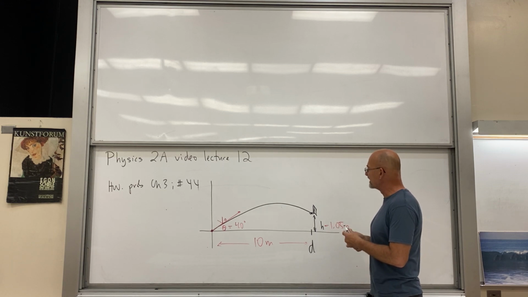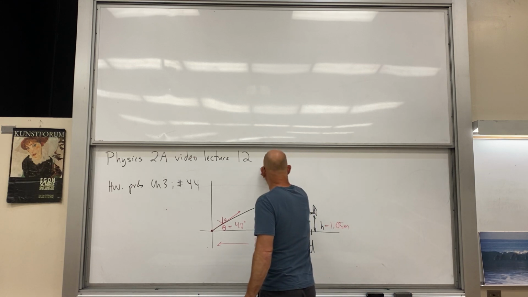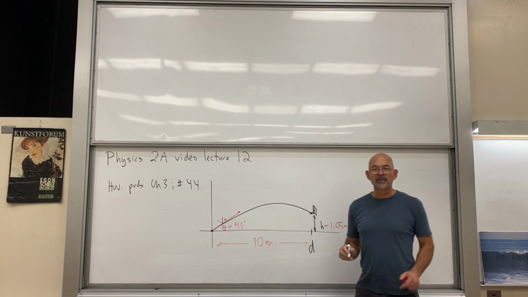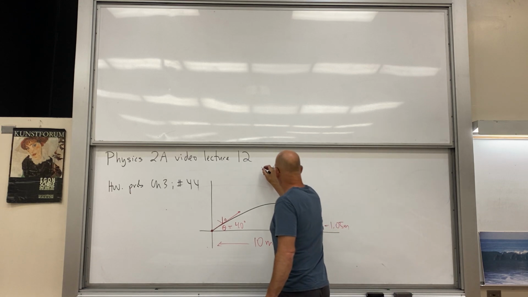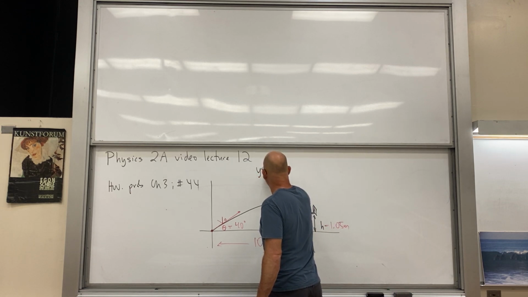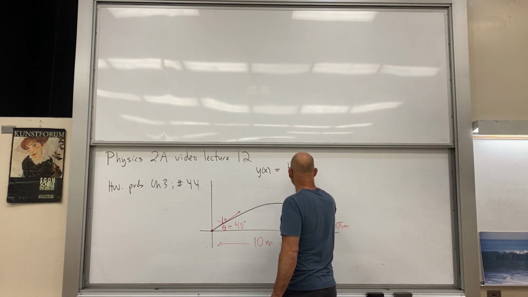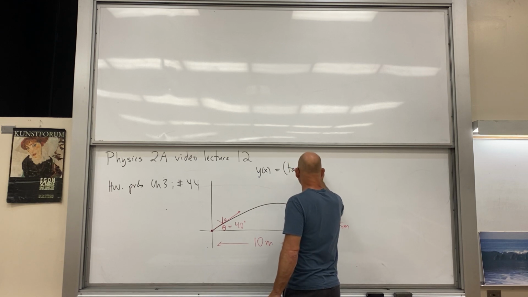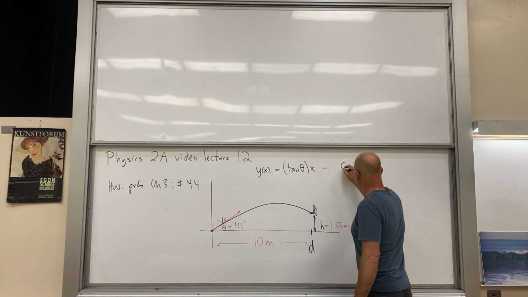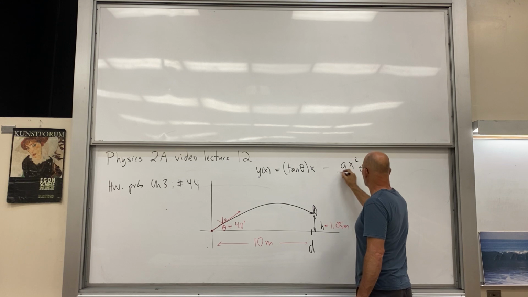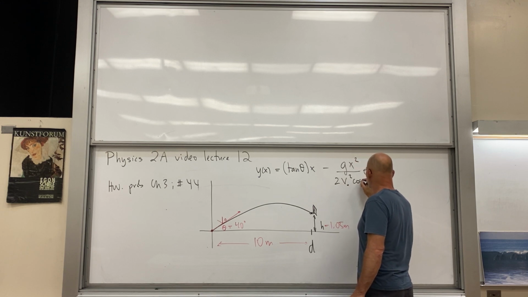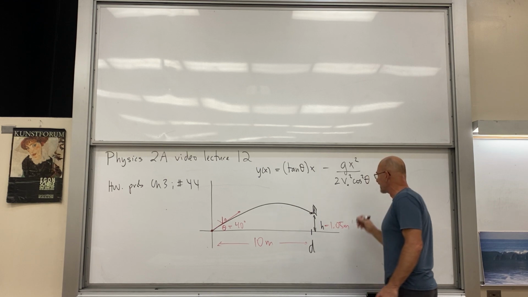I'm just going to write down the formula that I had derived a couple of times. So y of x is equal to tangent of theta times x minus g x squared over 2 V0 squared cosine squared theta.